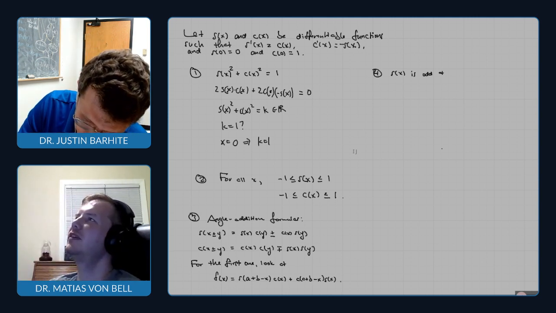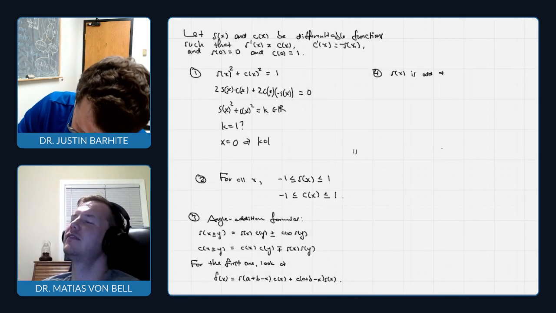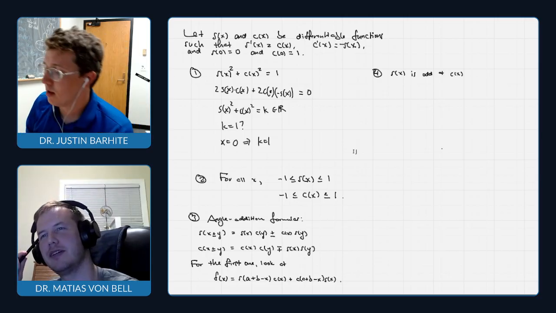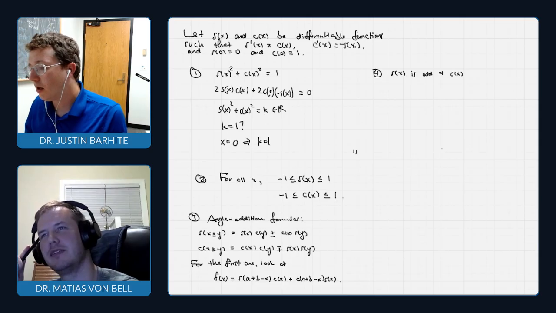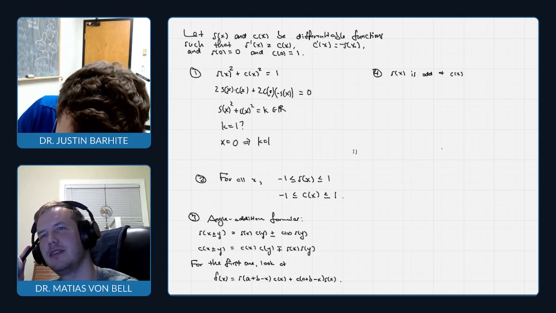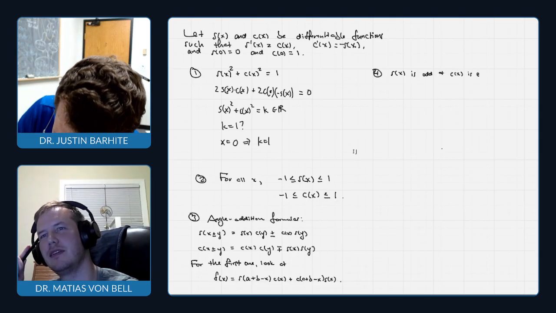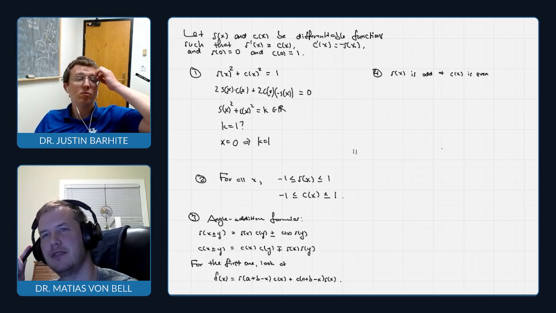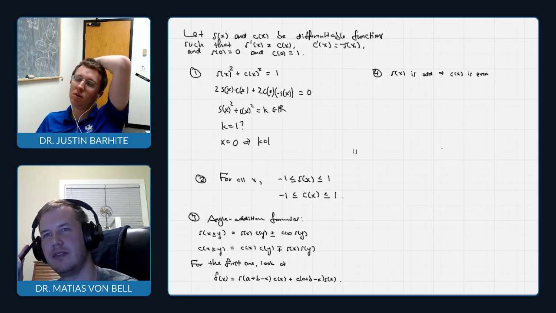So what would we need in order to get the fact that they're periodic, or what other properties would be helpful towards that? I mean, probably we're going to use the angle addition formulas or something.